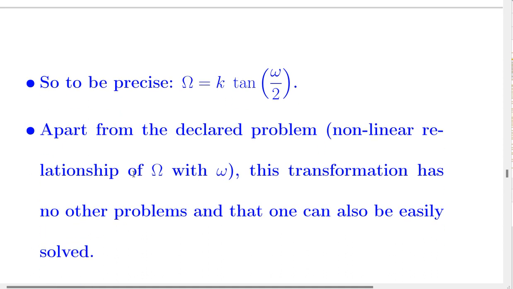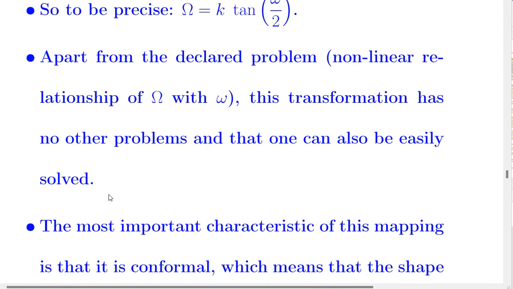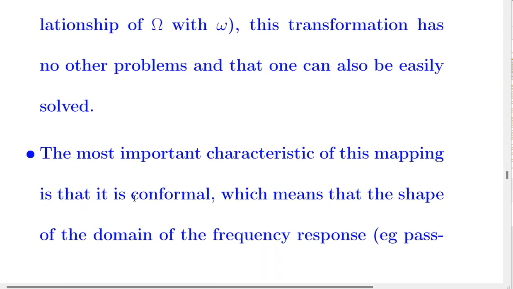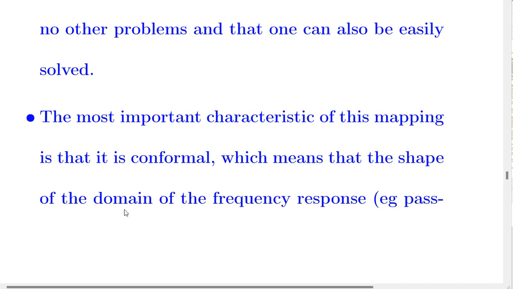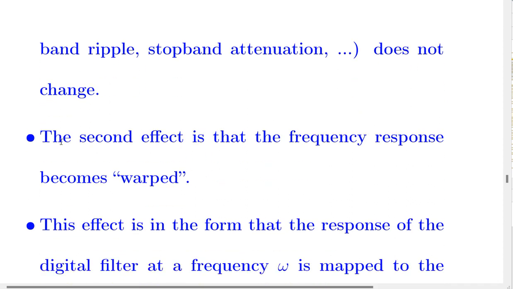To be precise, capital Omega will be equal to k times tangent of omega over 2. Apart from the declared problem, the nonlinear relation of capital Omega with omega, this transformation has no other problems, and that one can also be easily solved. The most important characteristic of this mapping is that it's conformal, which means that the shape of the domain of the frequency response, for example passband, ripple, stopband attenuation, doesn't change.